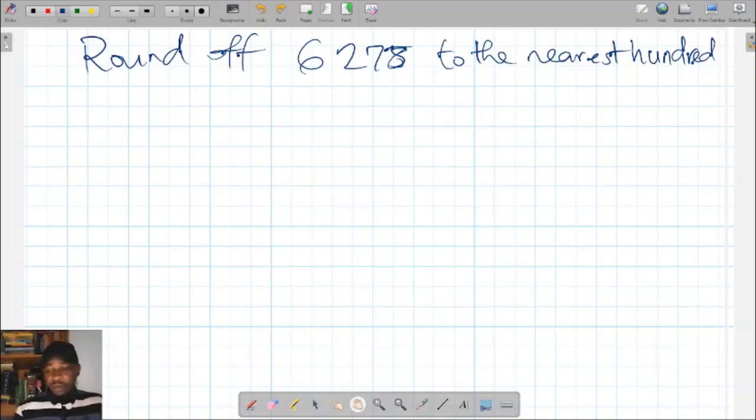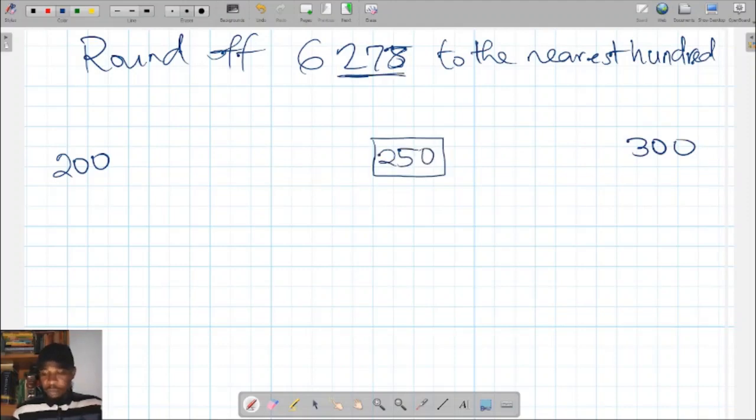For example, if you have to round off 6,278 to the nearest 100, we just identify the 100 digit, that is 2, so that forms our lower bound, 200, and of course the next 100 will be 300, that forms our upper bound. The mid value will be 250. So we have to determine if the number that we're examining falls on the left of the mid value or on the right.